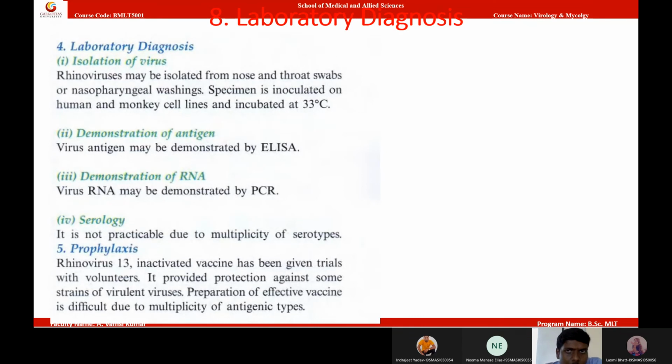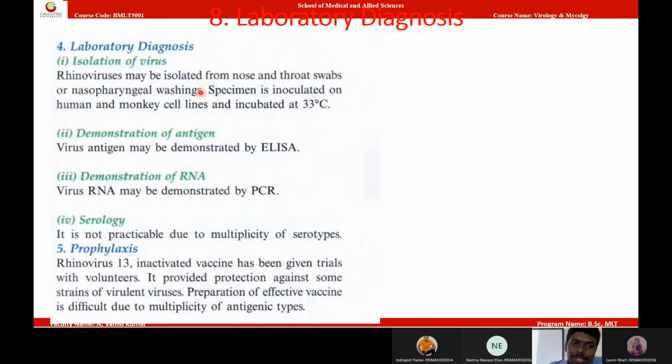Then the right temperature for incubation is 33 degrees centigrade. You need to incubate the sample at 33 degrees centigrade because of the viral favorite temperature.